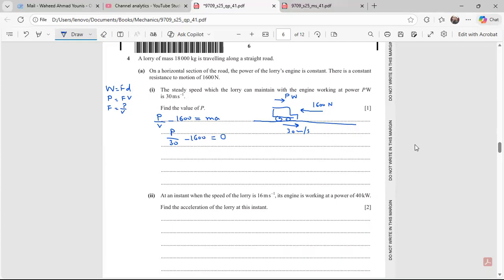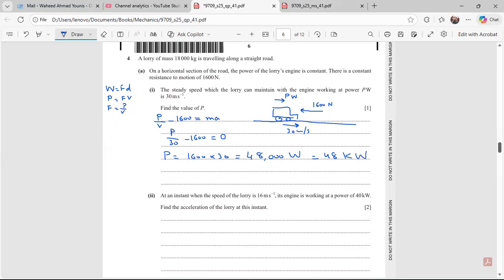From here you can see that power is equal to 1600 times 30, and this comes out to be 48 kilowatt. Check the solution. Yes, this is 48,000 watts, which is 48 kilowatt. So this was very easy.